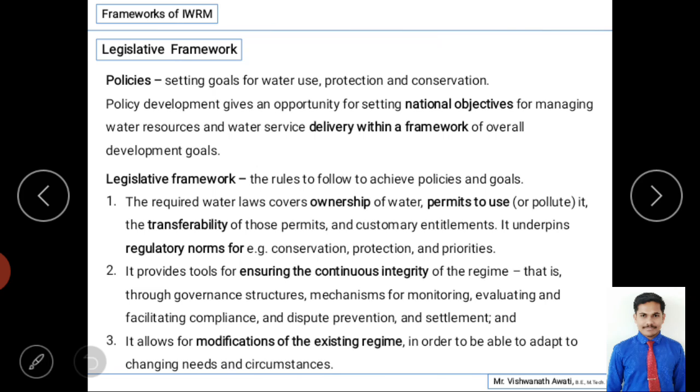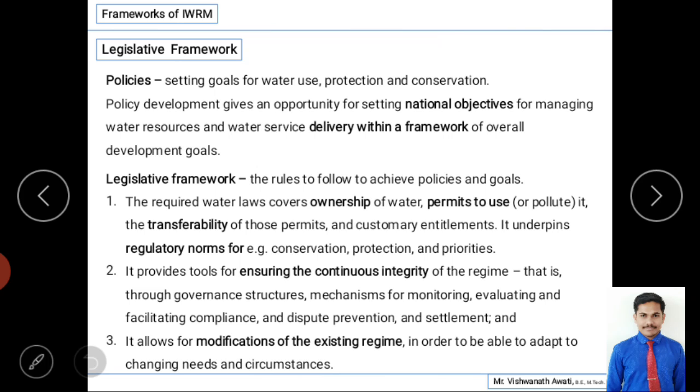We are able to use the water if it belongs to our property, but we cannot state that the entire water belongs to me and you should not use it or move it from one place to another. Obviously it is a natural resource. You are only permitted to use it if it is within your land property, but there is no ownership like land ownership. A particular area belongs to some person, but no water belongs to any person.